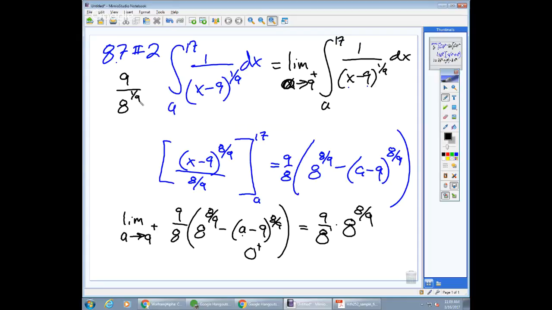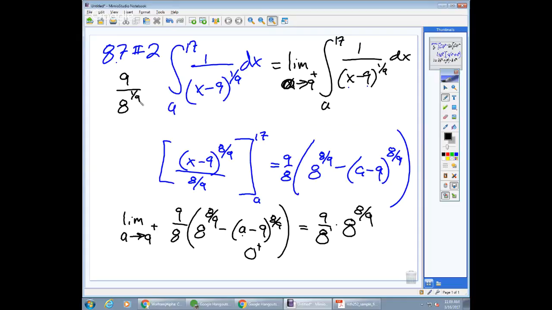Do they give us any guidelines on how to type it? Type an exact answer using radicals as needed. I don't think we need a radical. I've always been fond of fractional exponents. Let's see, what does the answer key say? Is that the way they wanted it?